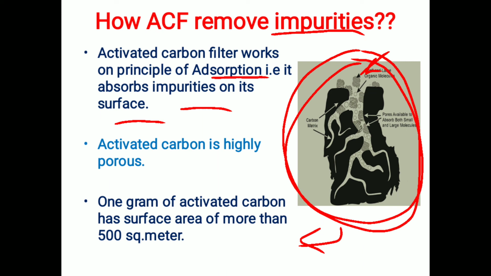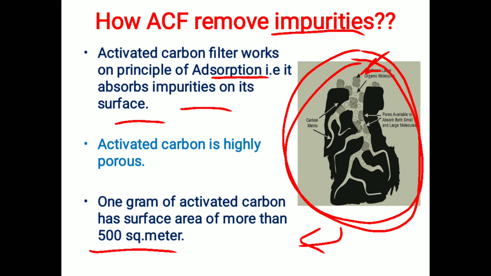That means it should have a very large number of pores on its surface. So our activated carbon is highly porous. It has more than 500 square meters of surface area in 1 gram of activated carbon. So you can think of how highly porous this activated carbon is.